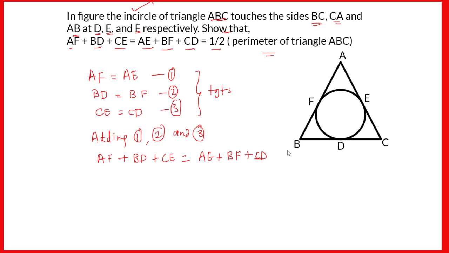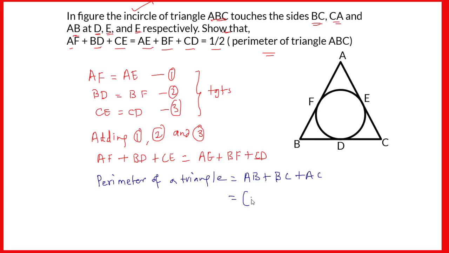So first we will find the perimeter of the triangle. Perimeter of a triangle is equal to what? The sum of the 3 sides, that is AB plus BC plus AC. Sum of all the 3 sides is the perimeter of the triangle. But AB is what? It is AF plus BF. Correct?